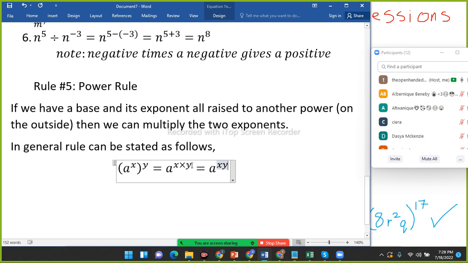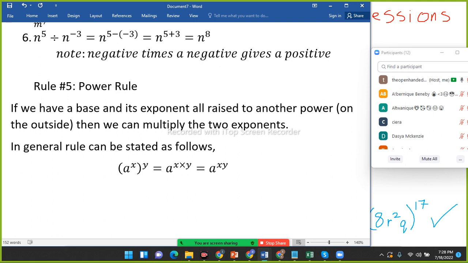If we have a base and its exponent all raised to another power on the outside, then we can multiply the two exponents. In general, a to the power of x all raised to the power of y is equal to a to the x times y, which is equal to a to the xy. And that's what we're saying right there.